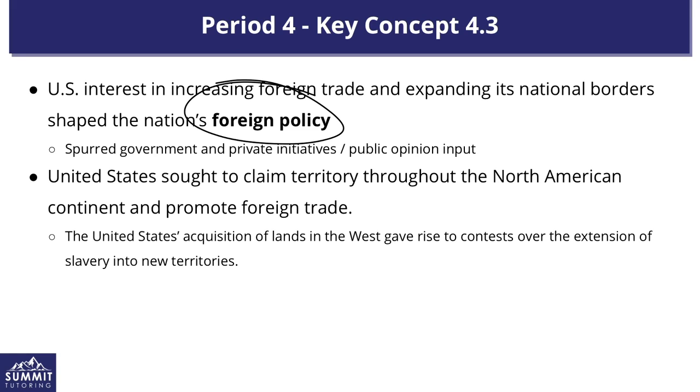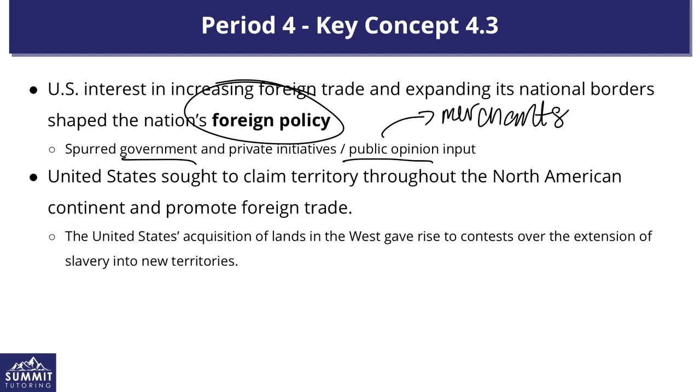It's going to take some public opinion input as well, but primarily we're going to look at the government and their perspective on foreign policy. So this public opinion, if we think about it, is coming from the merchants, right? The merchants are all for being able to trade with more people, and the government is going to take a little bit more conservative approach.